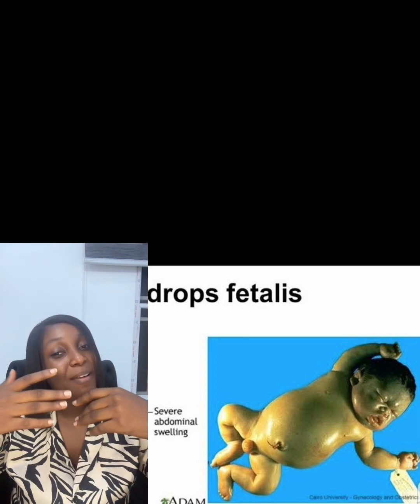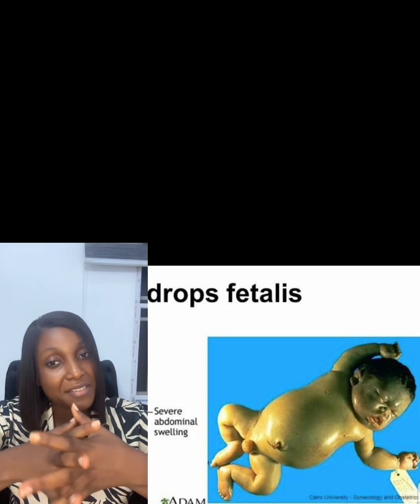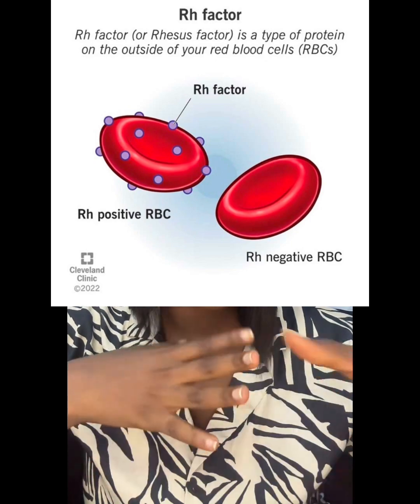So that brings us right to the next thing. What is rhesus factor? Rhesus factors are surface antigens that we see on our red blood cells. I know you may be wondering what rhesus factor is in particular, because all these things I'm saying now are complete grammar for some people. So you know, when you test for your blood group, some people will say, I am O positive, I am O negative.